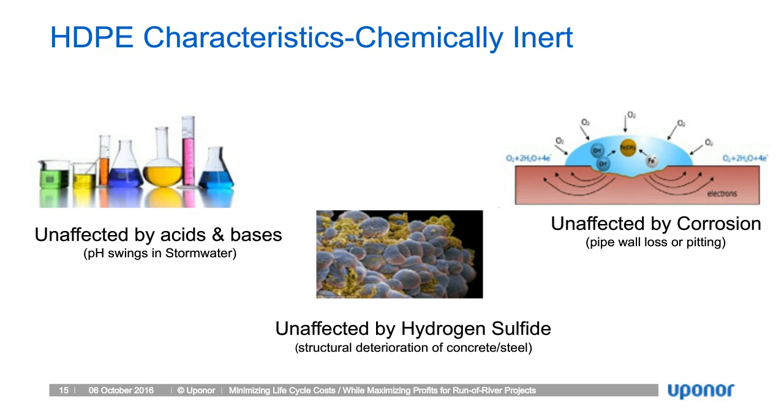It doesn't set up corrosion cells and does not suffer from localized pitting or general wall loss, such as steel piping. And it's unaffected by bacteria, which can cause hydrogen sulfide. So it's a very robust material, which allows us to offer a 100-year design life.